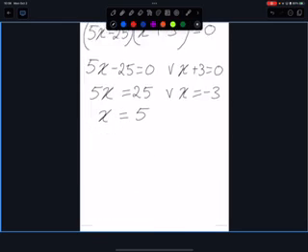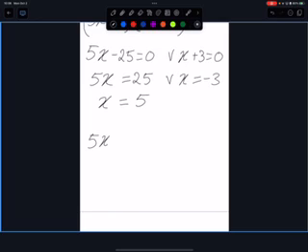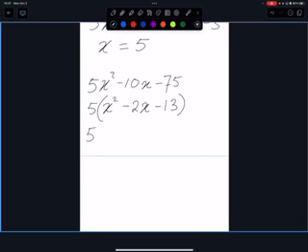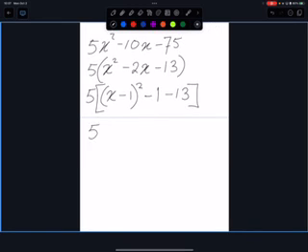Completing the square. Minus 14. Not finished yet.